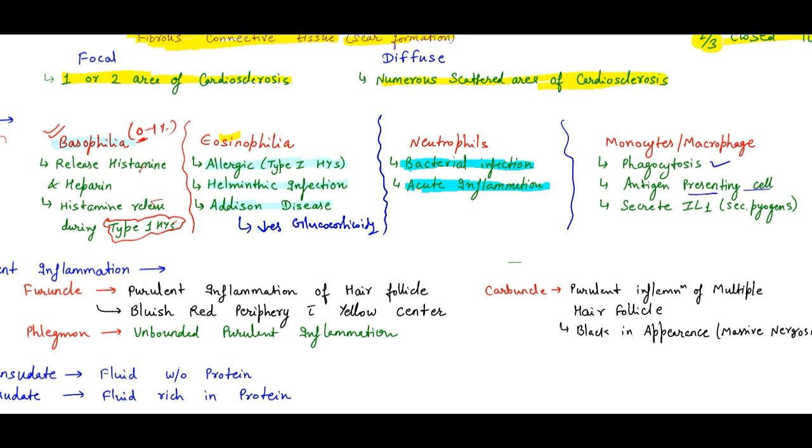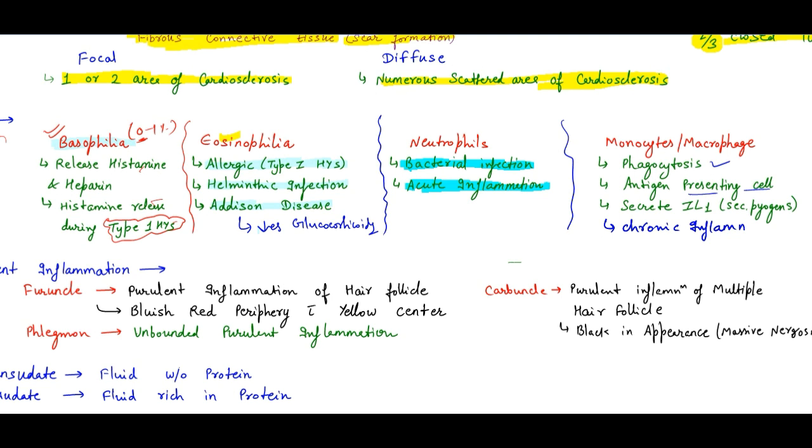Yes sir, they secrete interleukin 1, a secondary pyrogen. Remember this question, it came in the previous paper: which cell secretes the secondary pyrogen? That is our macrophage. So macrophages have the phagocytosis function, are antigen presenting cells, and remember they are involved in chronic inflammation.